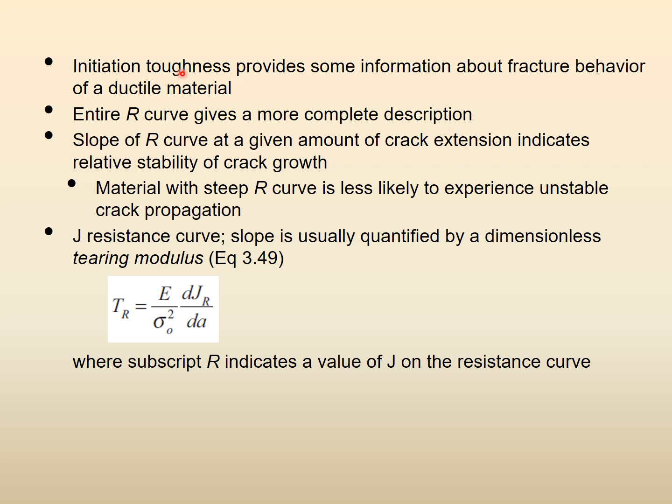Initiation toughness, at the J1C initiation point, provides some information about the fracture behavior of a ductile material. The entire R curve gives a more complete description. Initiation toughness is J1C, but then there is the entire curve. Now the slope of the R curve at a given amount of crack extension indicates the relative stability of the crack growth.